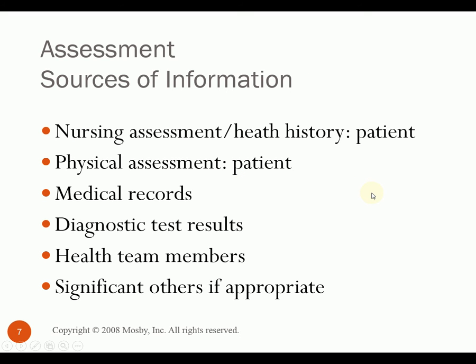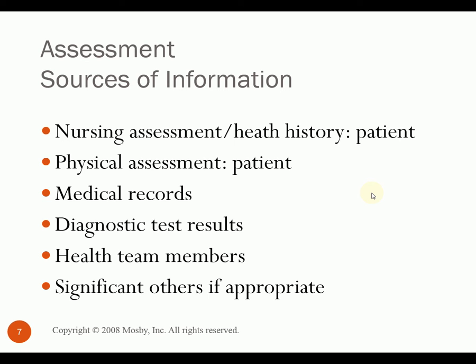We have different sources from which we can obtain all of our information, and we have to look at all of these when we are initially assessing our patient. First and foremost, of course, is the patient. The patient knows more about themselves than anyone does, unless, of course, they're not mentally capable of giving you that information, or they're not able to speak, or whatever the reason.